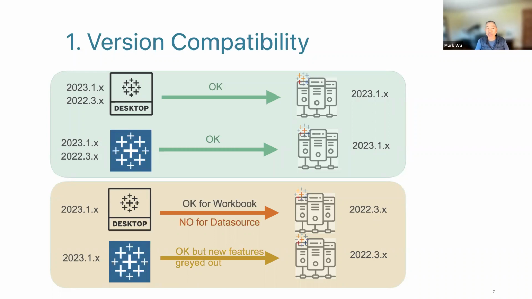Now, if you have a higher version of Tableau Desktop, this is the example I have here. Let's say your server is 22.3 and you have a 23.1 Desktop. It's okay to publish a workbook to the server, but you cannot publish a data source from a higher version Desktop to a lower version server.